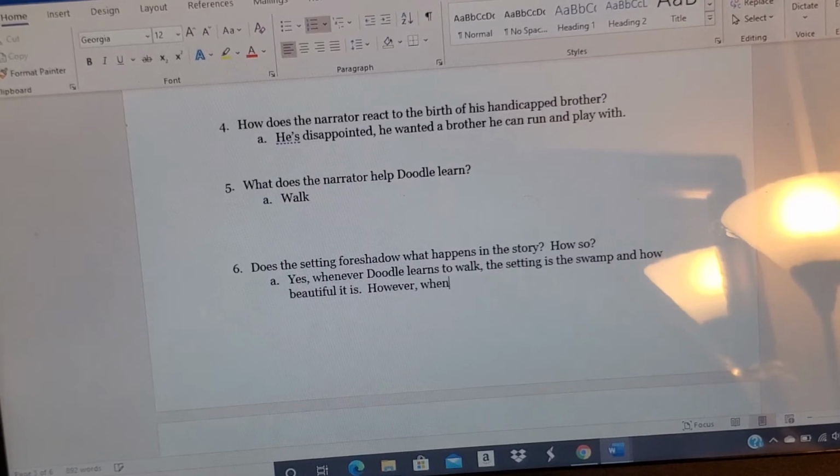However, whenever the Scarlet Ibis appears, that's when the story takes a downturn.